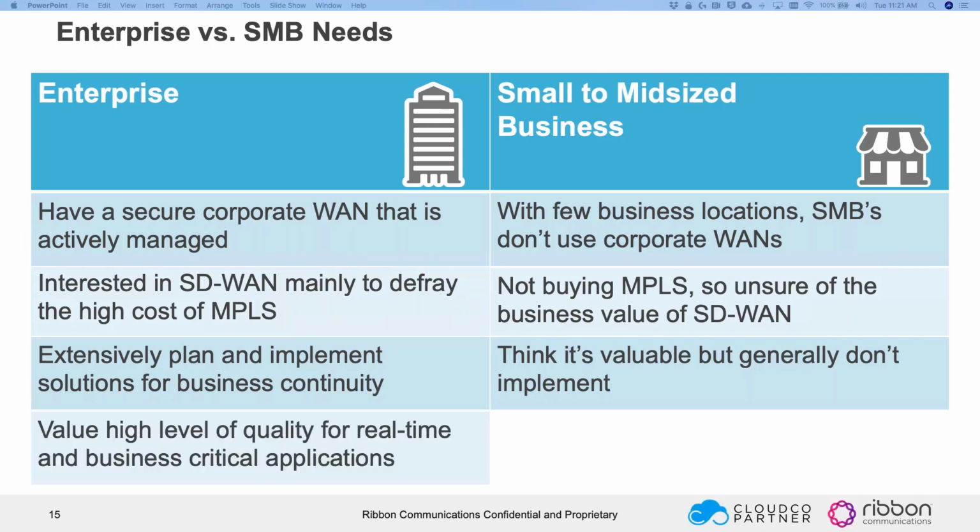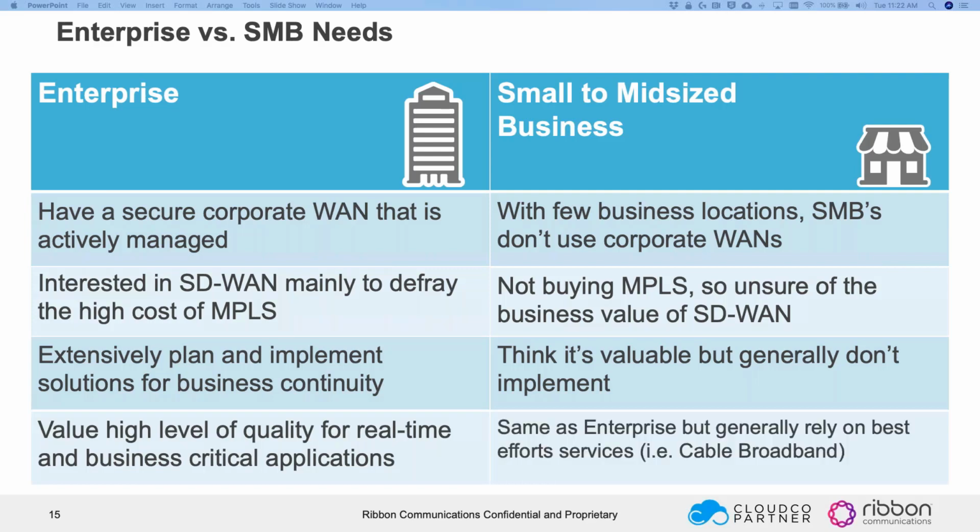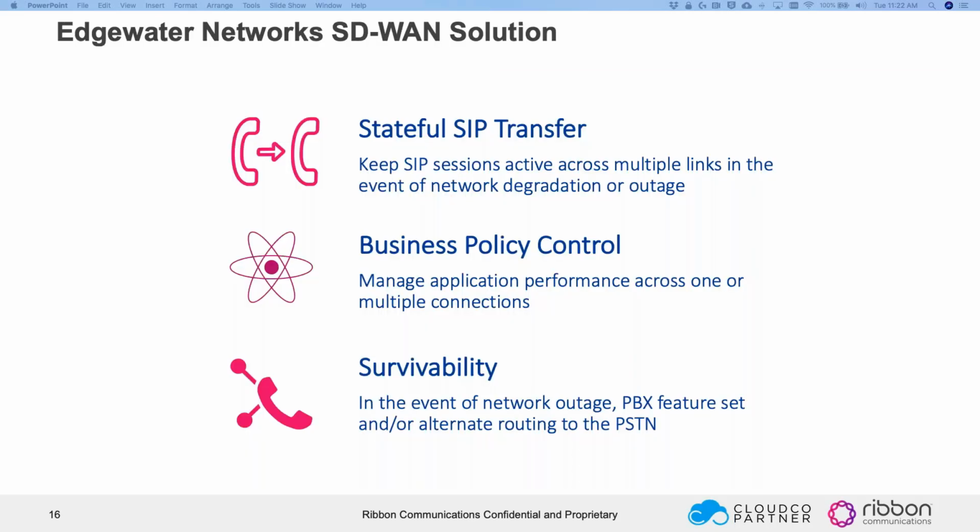So we were very sensitive to that side of things, to look at it and say, hey, in the end, both care about the value of their data, the real-time applications, but the issue of the ability to pay for it becomes critical. So what does our SD-WAN incorporate? 3 components.